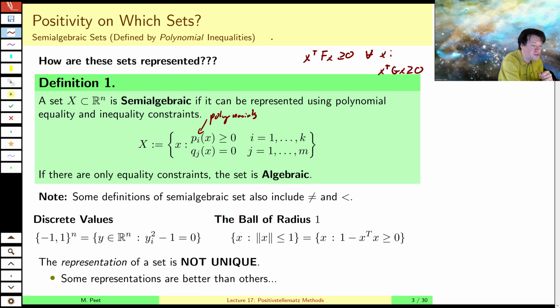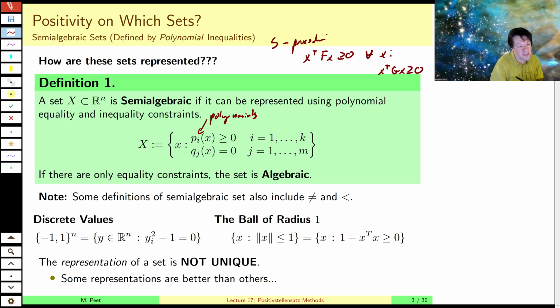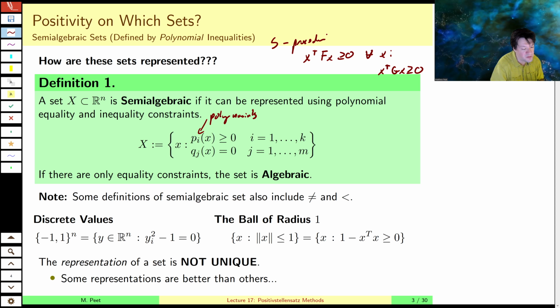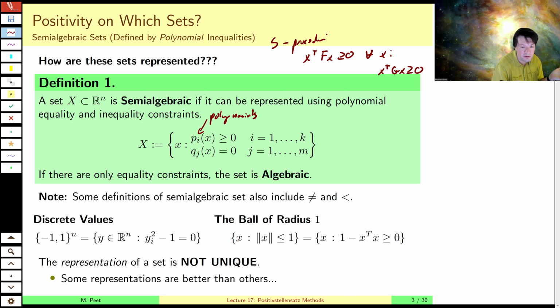That was the S-procedure. And of course, the robust stability conditions were all defined in terms of semi-algebraic sets as well. And so semi-algebraic sets are as general as we allow. Well, we can't get perfectly general, but they're general enough to encompass all the cases that were of consideration in this course and probably many other courses.